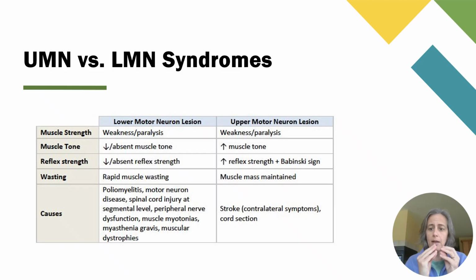The muscles are going to become very, very small because they're not getting the same type of chemicals that they normally receive from a functional lower motor neuron. So as we look at disorders of the pathways, depending on whether it's an upper motor neuron or a lower motor neuron that has been disturbed, disrupted, or diseased, we're going to find different types of symptoms.